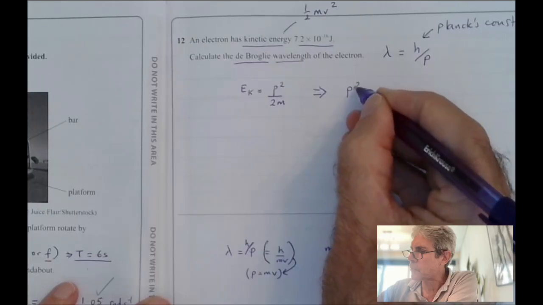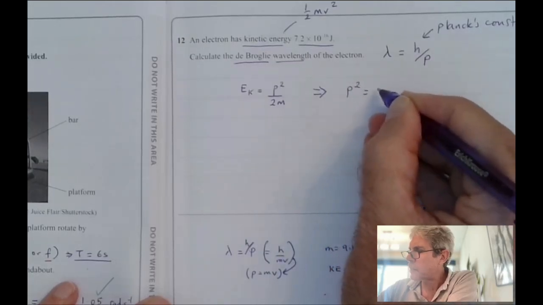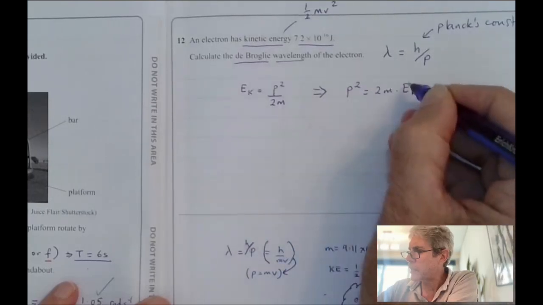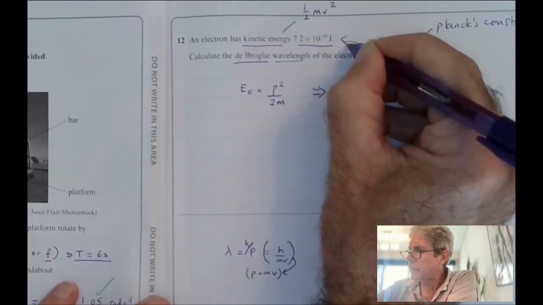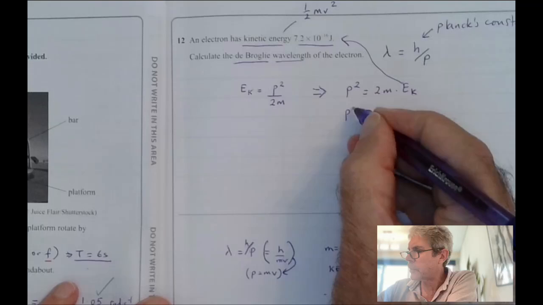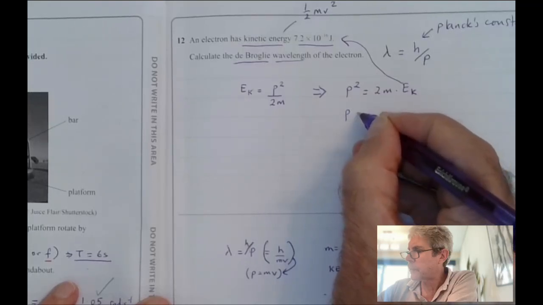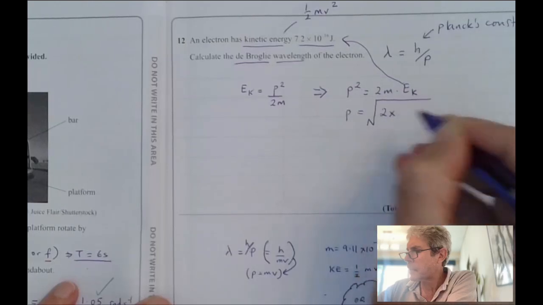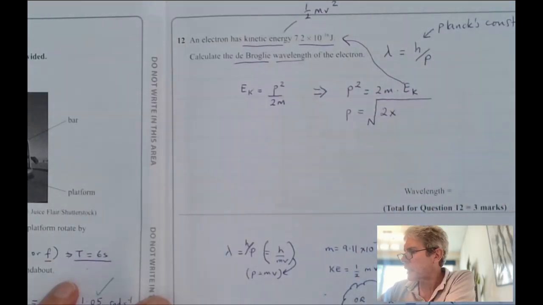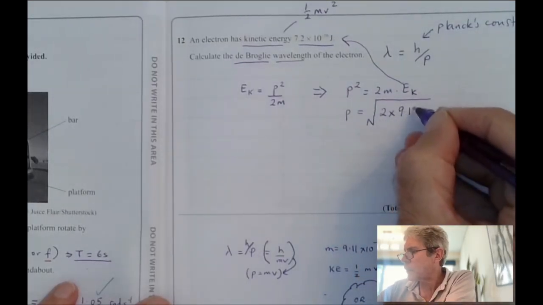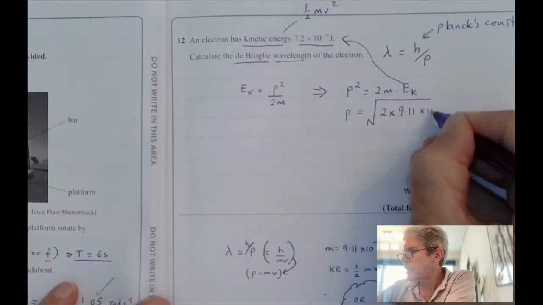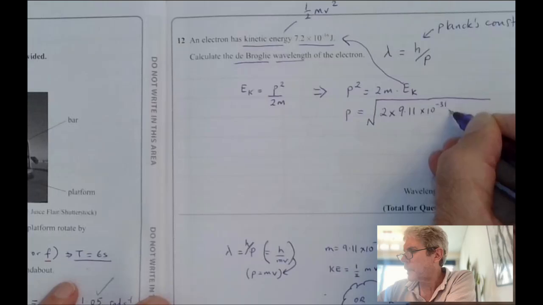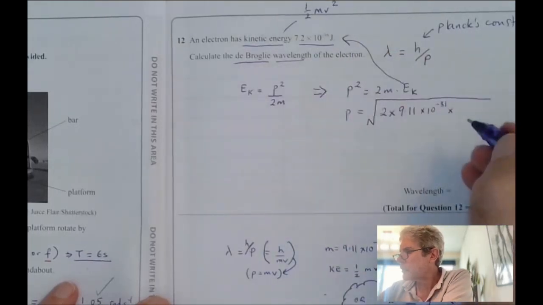So I'll just change the subject of the formula to P squared equals 2m times Ek. We know Ek from up there. So you put the values in. P will be equal to the square root of 2 times the mass of an electron, which, if I remember correctly, is 9.11 times 10 to the minus 31 kilograms, multiplied by the kinetic energy that we're given.